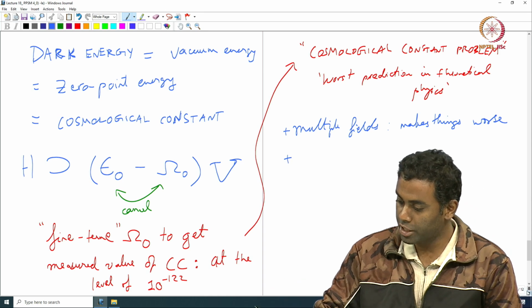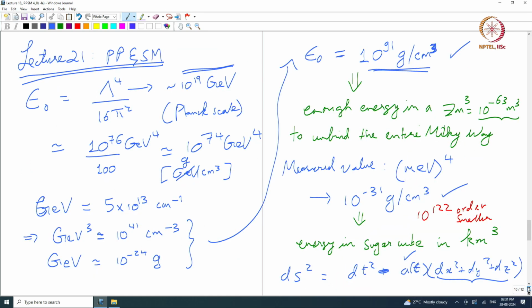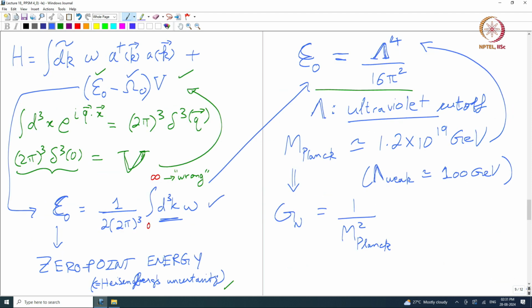Another thing you might object to is that I took the cutoff to be the Planck scale, correct? Now we've only measured fundamental parameters up to the Fermi scale around 100 GeV, right? So you might ask, maybe in the future somebody might build a very big collider, a planet size collider if you want, and then find that even at 1000 TeV or even at 10 power 4 GeV, the quantum field theory breaks down.